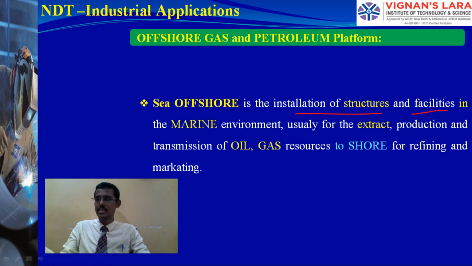A single pipe cannot travel 1,000 kilometers, so we have to join each and every pipe. Right? Companies like Reliance are taking oil from Middle East countries to our country. Likewise, the transportation is underwater through these offshore pipelines. All these pipelines involve welding, and if welding is involved, definitely NDT also plays a main role in maintaining quality.